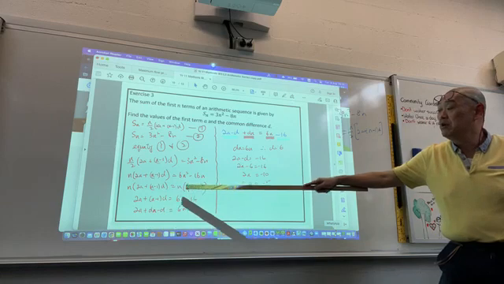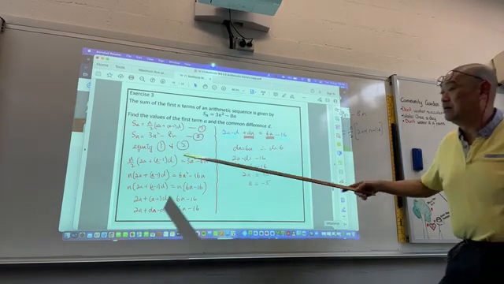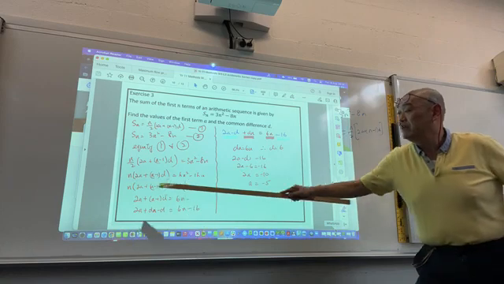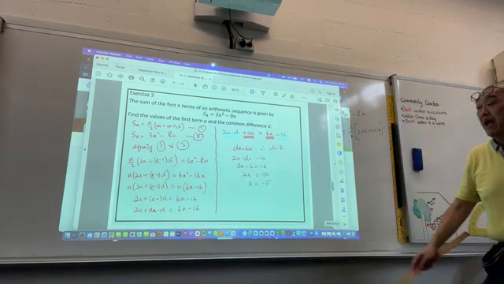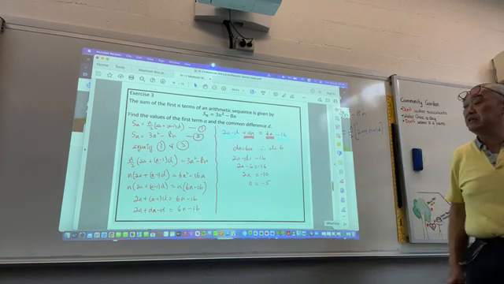Once we factorize, in this case, because n is, although it's unknown, on both sides, and it's actually a number, it's the term number. Alright? We can factorize and divide both sides by n. So therefore, we've got 2a plus n minus 1 d equals 6n minus 16.